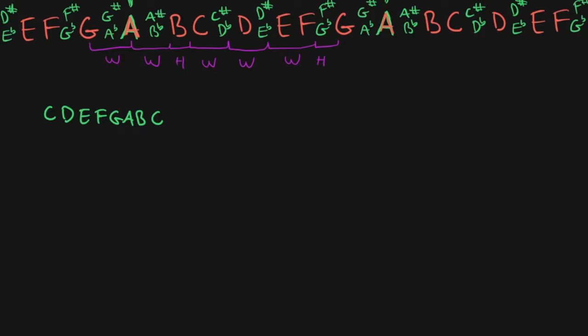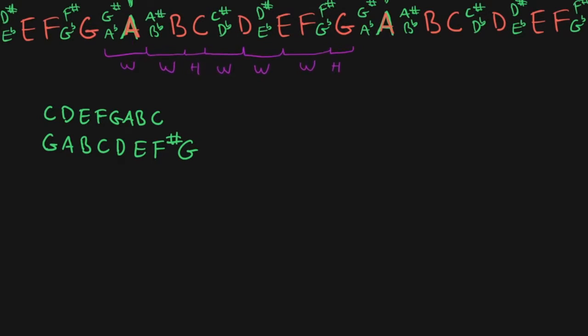The increments stay the same, but we're beginning the scale on the note G, giving us now the G major scale, which consists of these notes. G, A, B, C, D, E, F sharp, G. Still considered the major scale, but now called the G major scale.